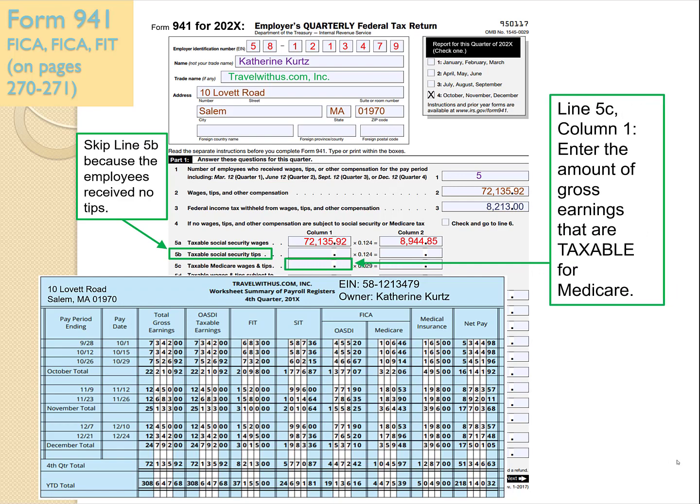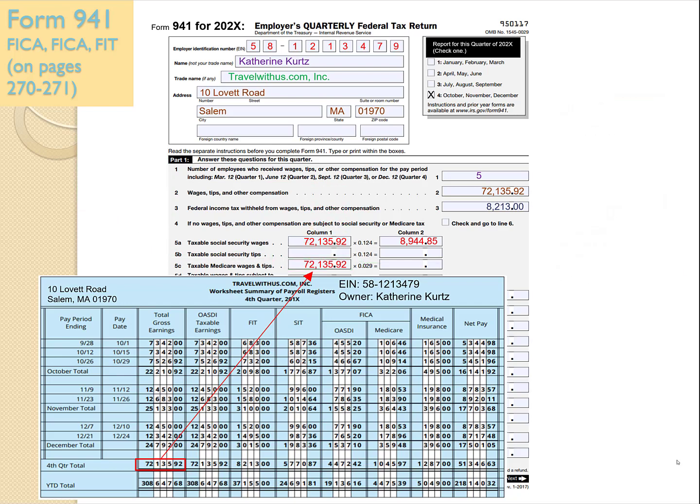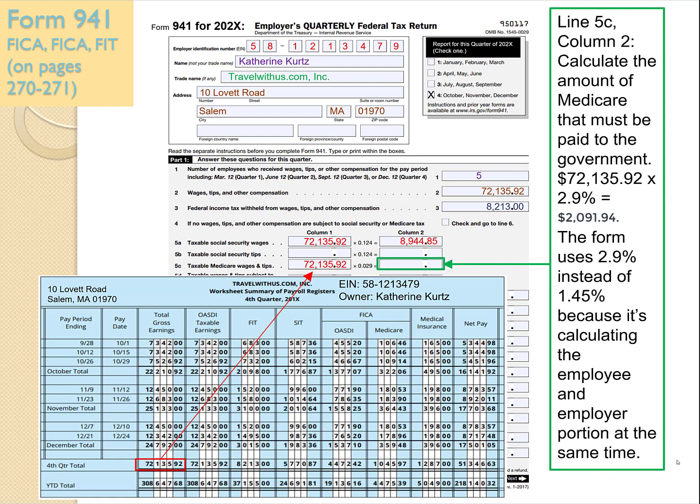Line 5C, column 1. We need to enter the amount of gross earnings that are taxable for Medicare. And again, this is for the quarter. So the gross earnings taxable for Medicare, $72,135.92. Then we're going to multiply that by 2.9%, which converted to a decimal is 0.029.